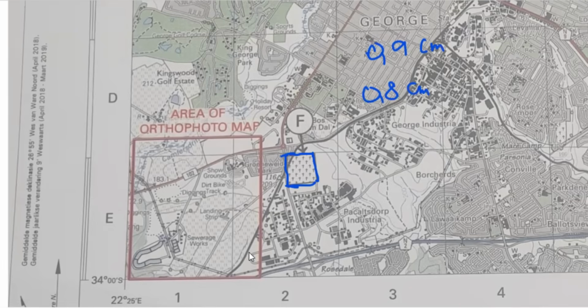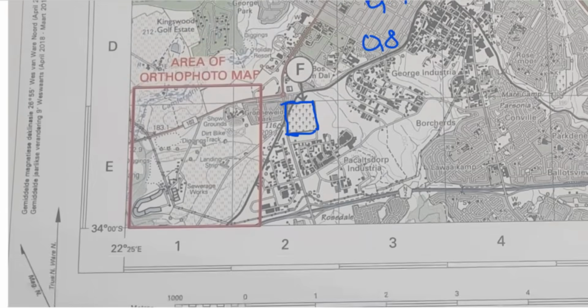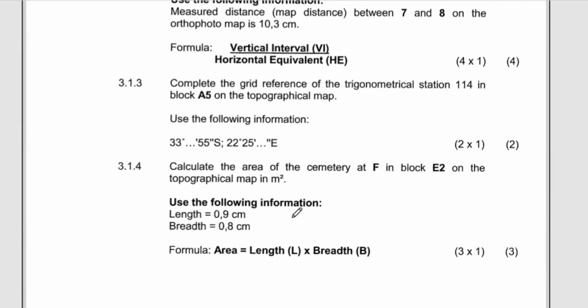centimeters. So what you need to do here, you just need to convert these measurements according to the map scale. If you want to do a direct conversion of this measurement in centimeters, and you want to put it in meters, because your answer is supposed to come in square meters. You are supposed to figure out your answer in square meters here.